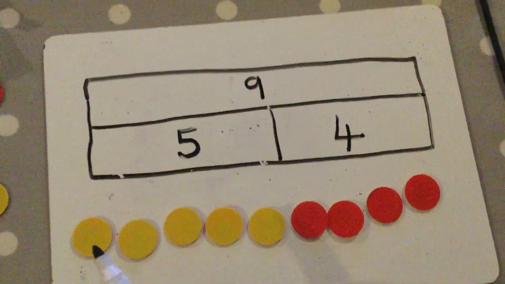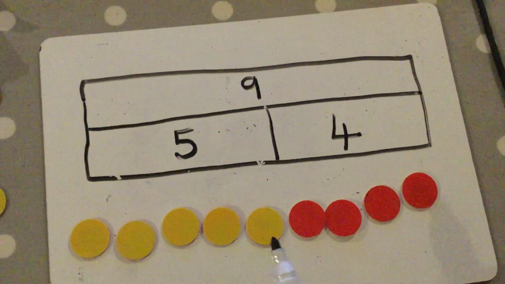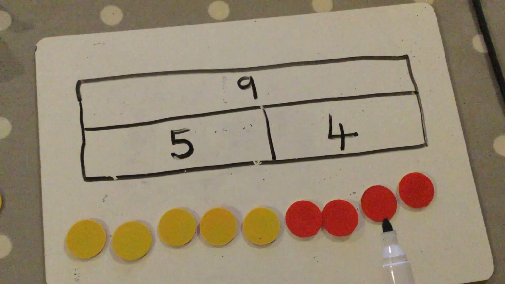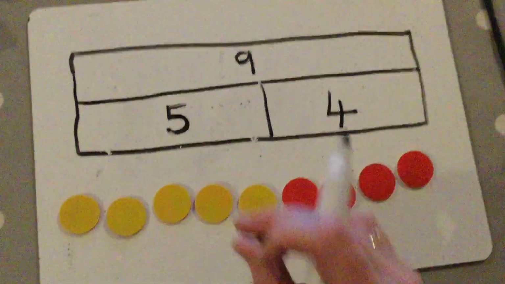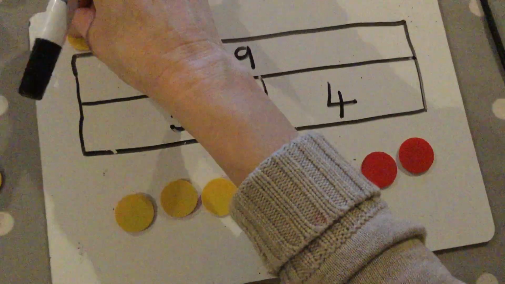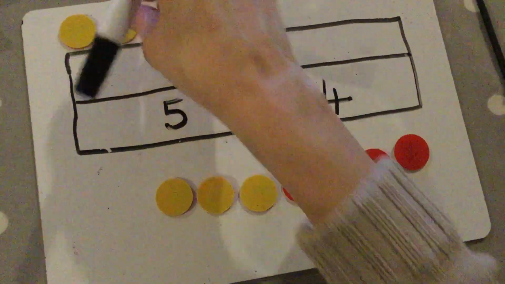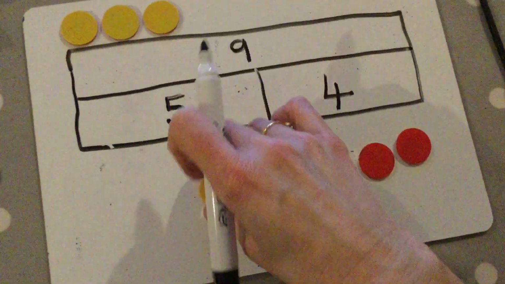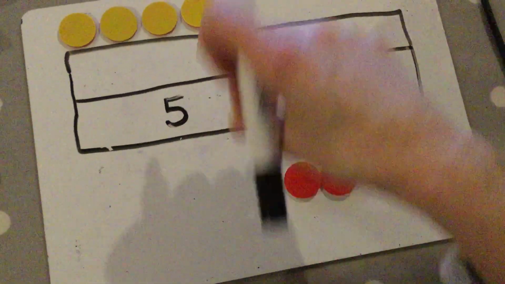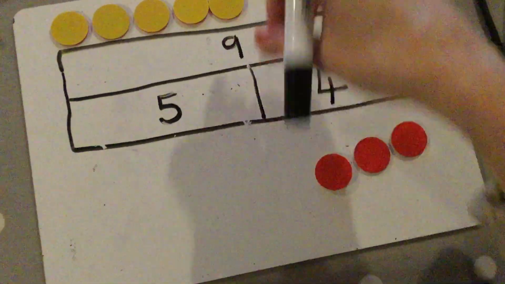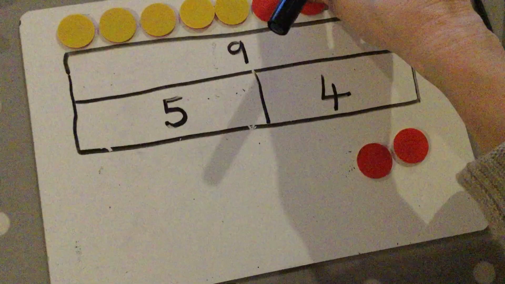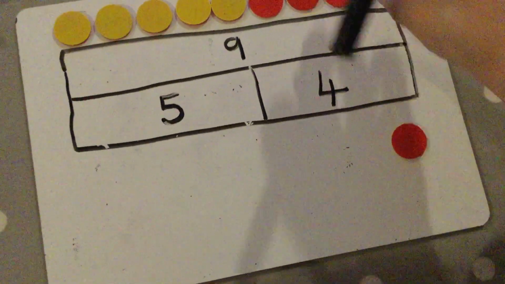In total I had 1, 2, 3, 4, 5, 6, 7, 8, 9 counters. Now I've still got these counters up here if I need them to help me with this maths fact family, or I might just be able to use the bar model that I've drawn.